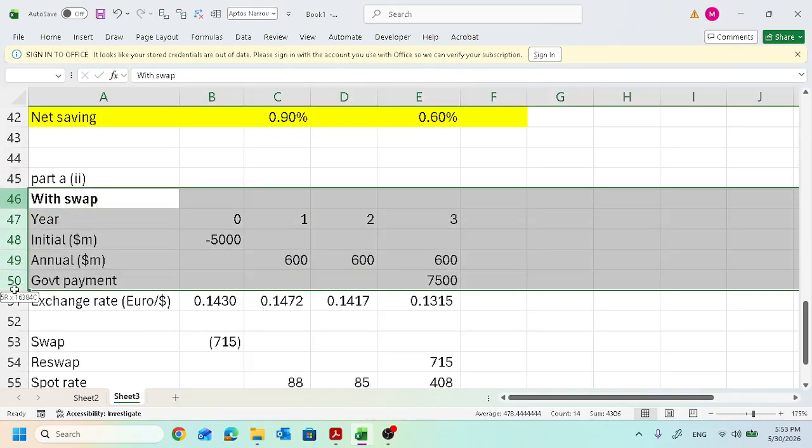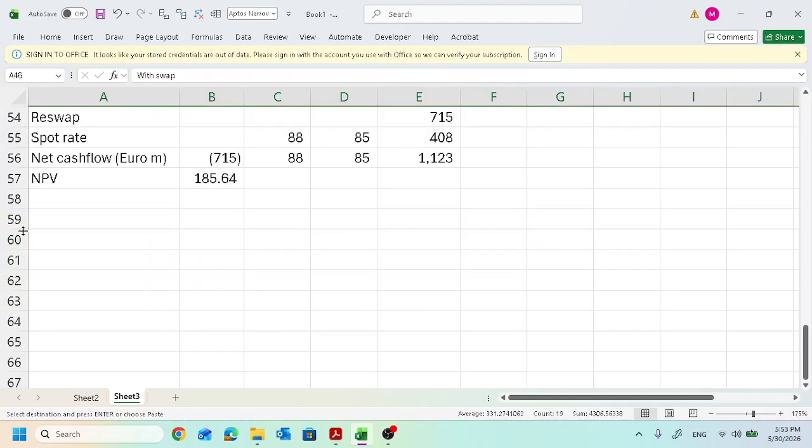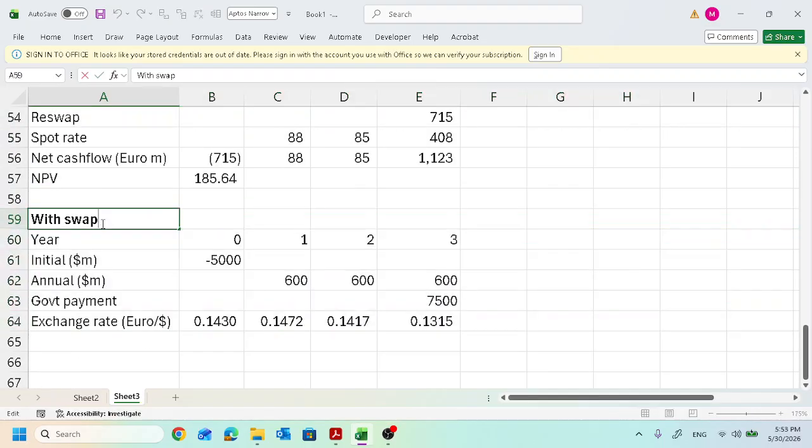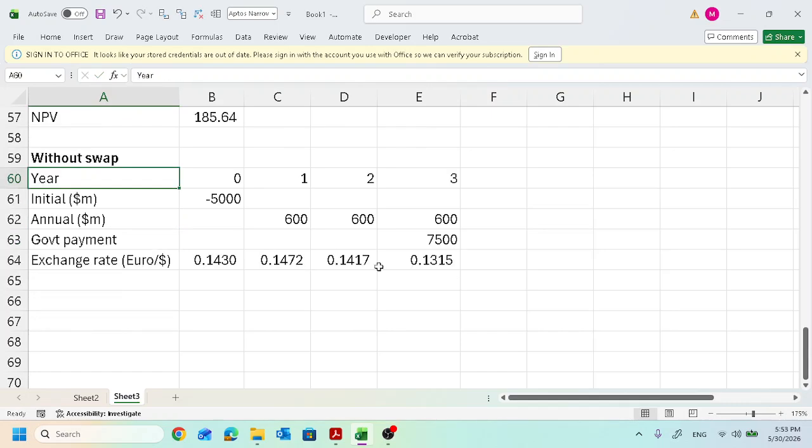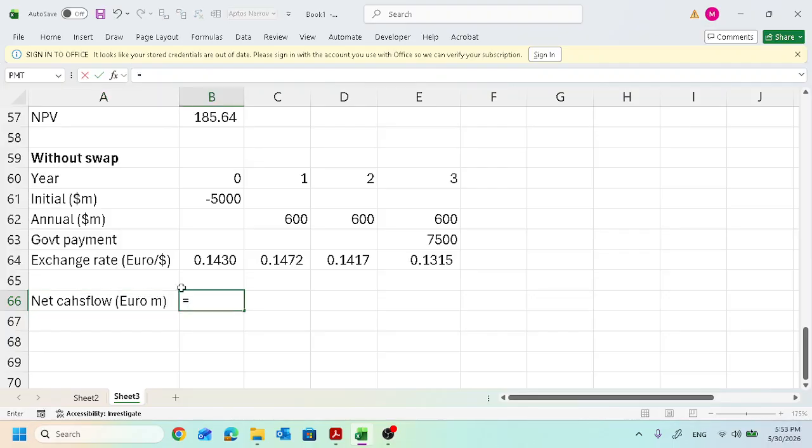Now same thing I'm going to do without swap. You don't have to do the whole working. I'll show you the shortcut for it, but just to understand, without swap. Right, so you can now use a net cash flow at spot rate in dollar, in euro. 5,000 spot rate is this.